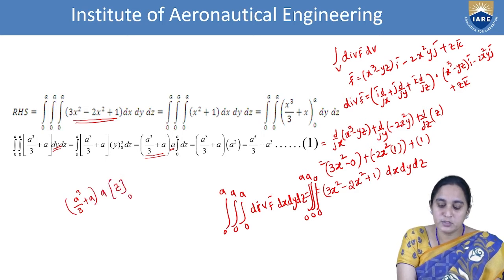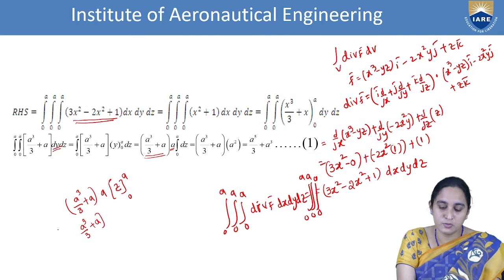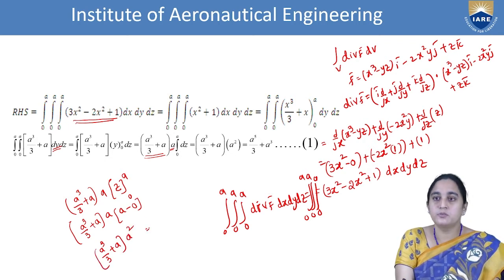What are the limit points for that? 0 to a. After substituting the z limit, a minus 0, that is a cube by 3 plus a, into a, that is a square. That is equal to what?